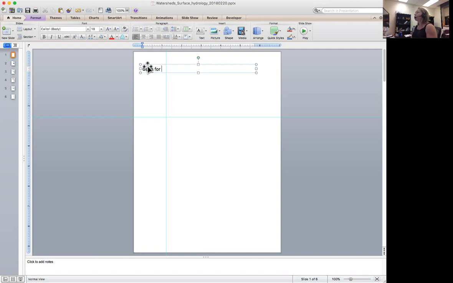So our goals are, one, that students will be able to delineate watershed boundaries, quantify surface runoff in a watershed, and explain the factors that control a stream's hydrograph.